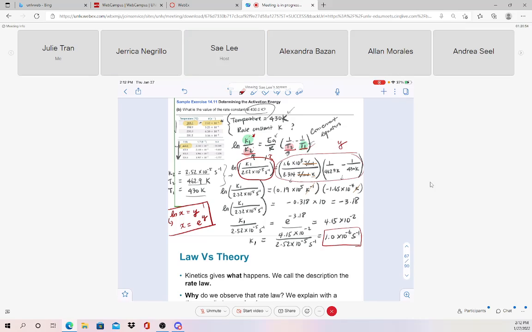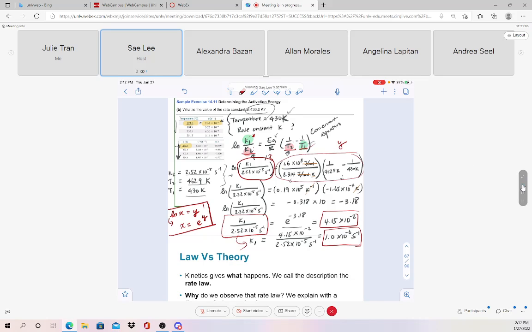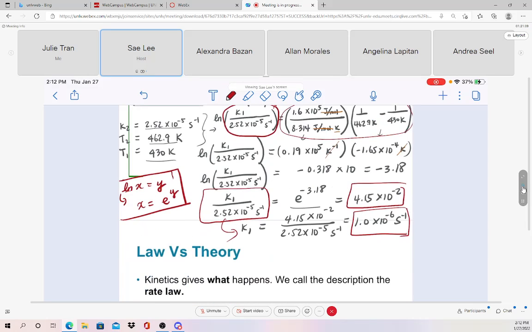So here, K1, are you talking about this portion? Okay, so K1, let's say you have X, and let's say you have Y. K1 will be Y over X.